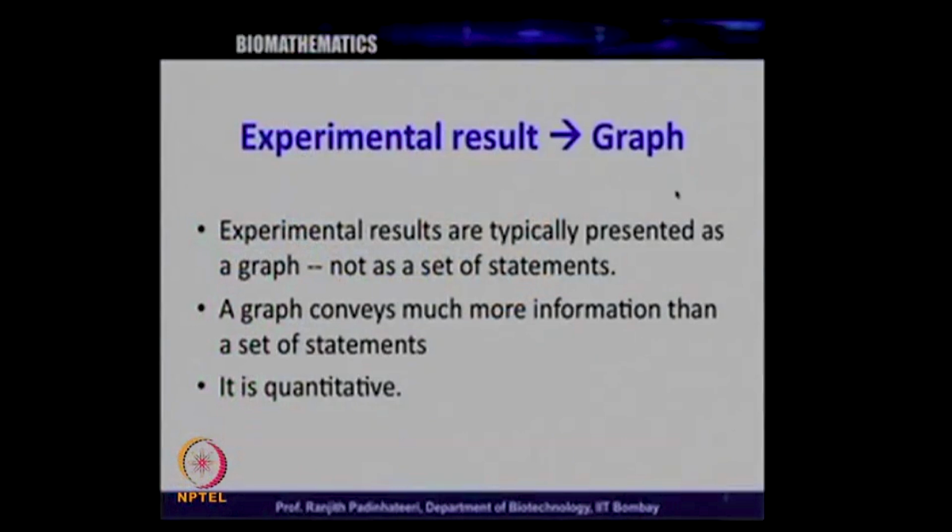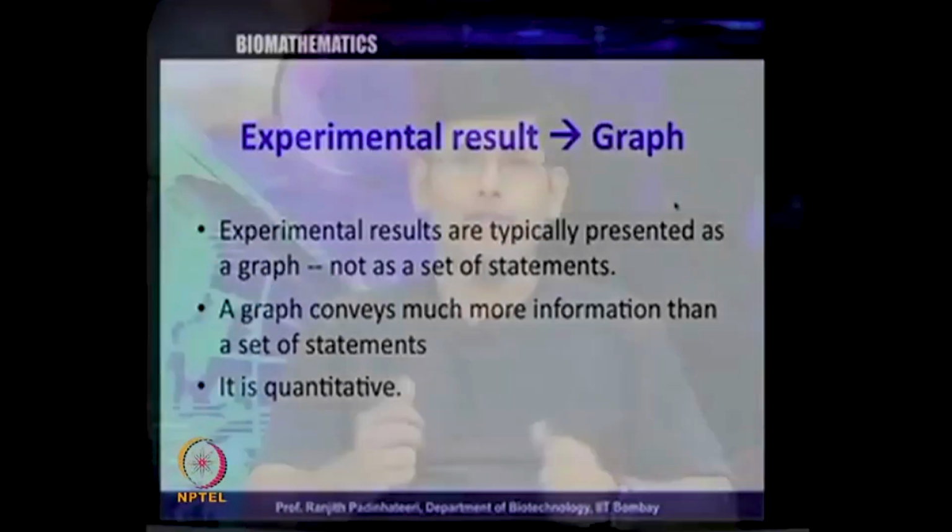What we discussed last time, as seen in the slide, was the relation between experimental results and graphs. When you do an experiment, you get a set of data and you plot this data as a graph. For example, let us say you are measuring the length of actin as a function of free monomer concentration.